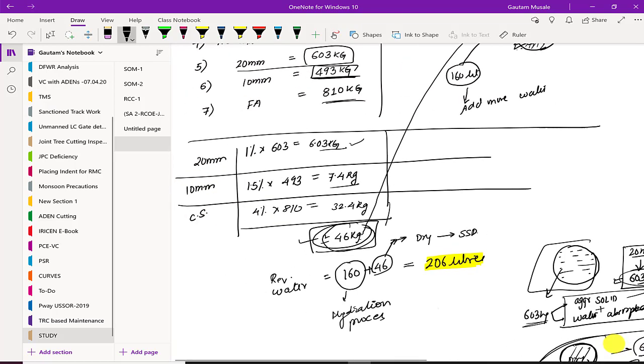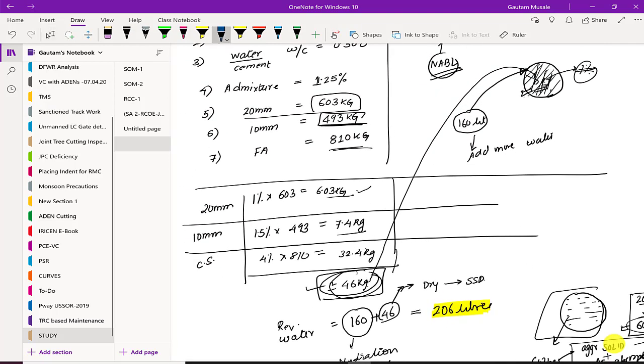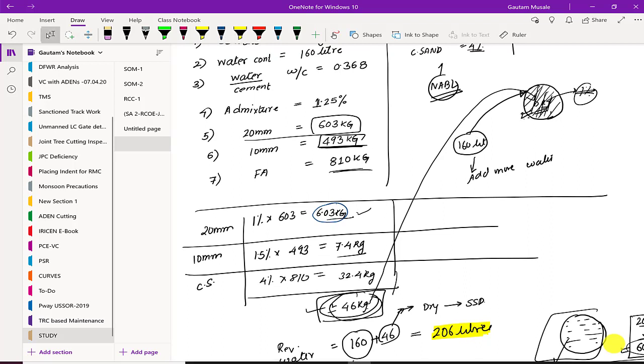So how to correct is simple, similar to what corrections you did for water. You have added 6.03 kgs of water to my 20 mm aggregates. So these 6 kgs I will have to reduce, with the weight being 603 minus 6.03. That will turn out to be 597 kgs approximately. Now this 7.4 kgs of water you are going to add to the system, so this 7.4 you will have to reduce from the aggregates.